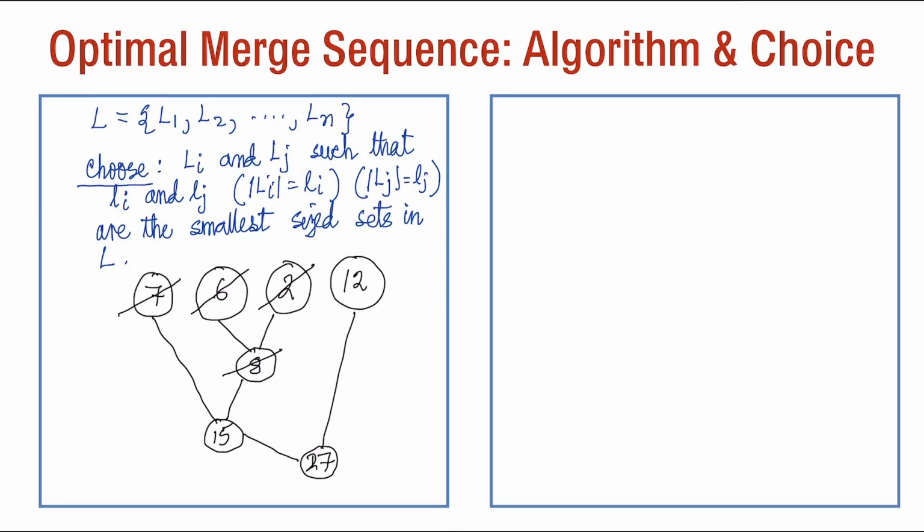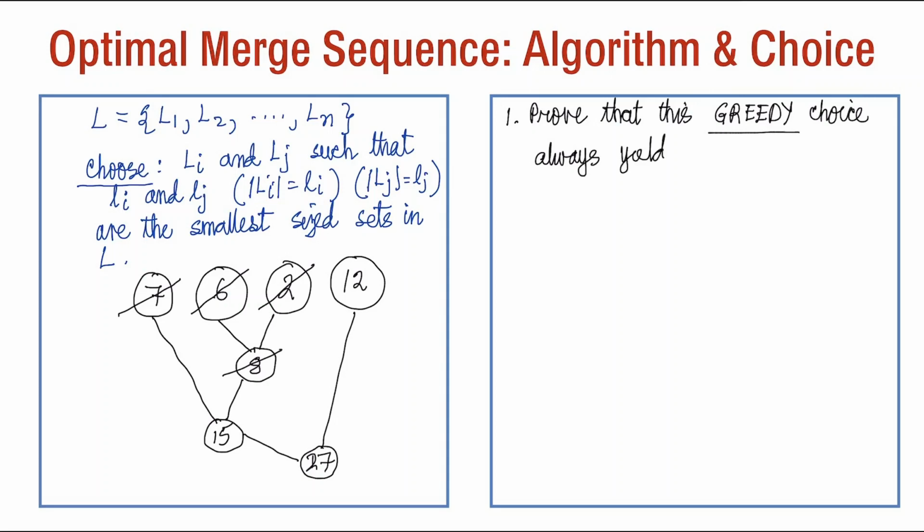So if we do it this way, then our first point is to prove that this greedy choice always yields the optimal value. And I leave the proof. You can do a proof in many ways, but you can do a proof by induction.